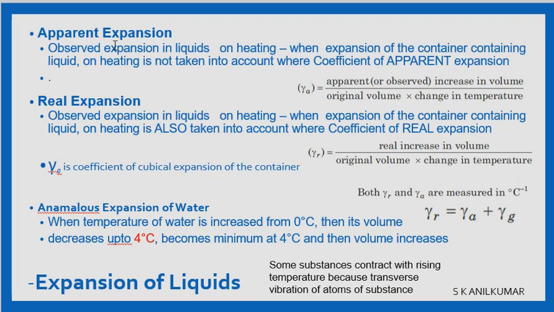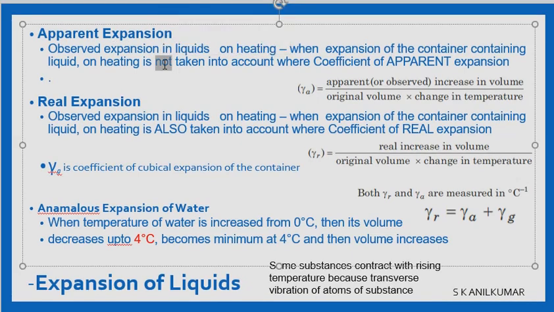The coefficient of apparent expansion is gamma with subscript A: the apparent or observed increase in volume divided by original volume into change in temperature. Apparent is what is observed, not taking into account the expansion of the container, and is called the apparent expansion.